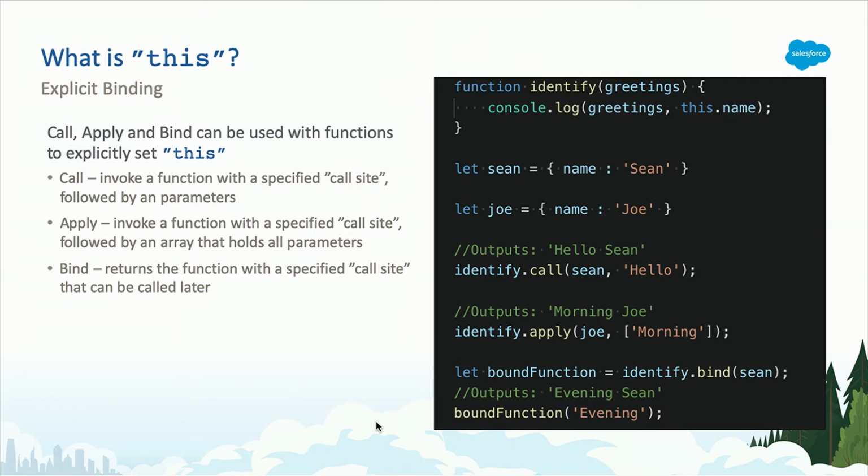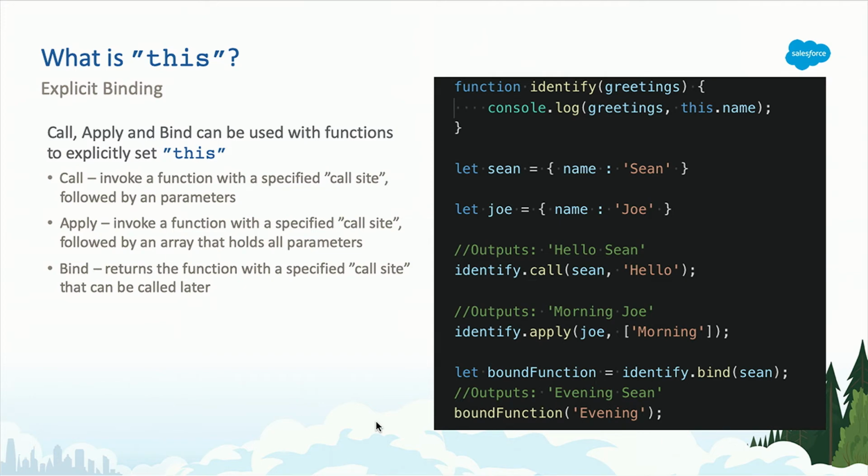And then it outputs hello Sean, because the this keyword is bound to the Sean object, which has a property name that has the value Sean. I can do the same thing with the Joe object. This time I'm using apply. Pretty much the same thing, but you'll notice I'm passing it an array of parameters. It's only an array of one, but it still works. Same thing, and this time it says morning Joe.